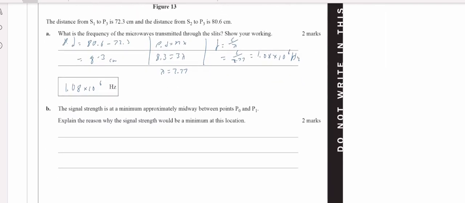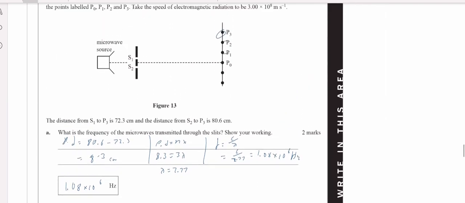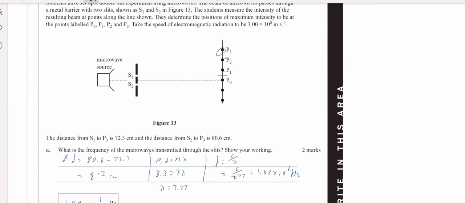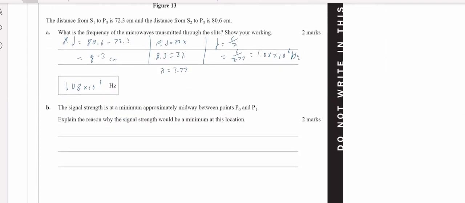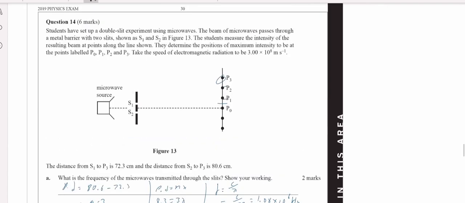Signal strength is at a minimum approximately midway between P0 and P1. So here. And when it's talking about minimum, we're talking about destructive interference. And path difference is lambda divided by 2 for this first destructive interference.